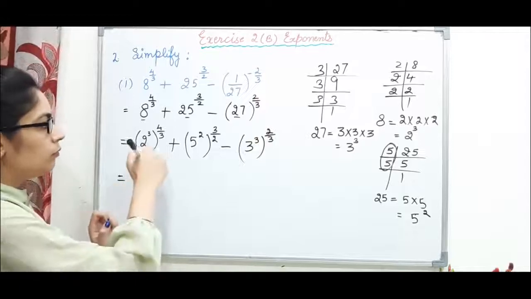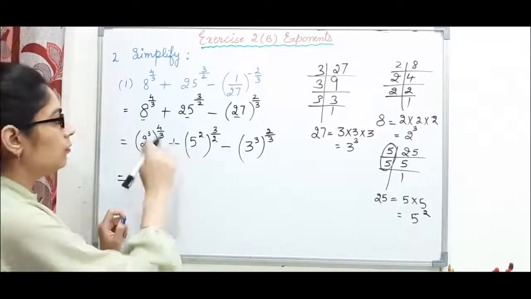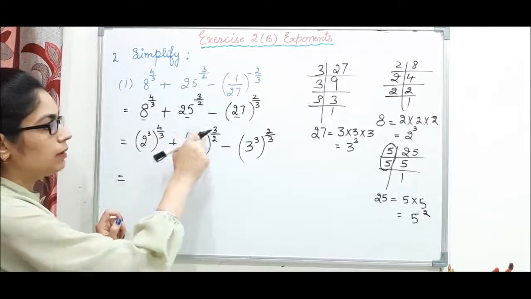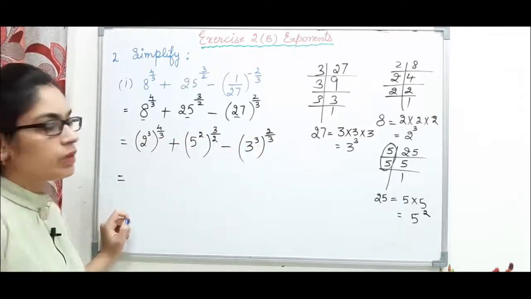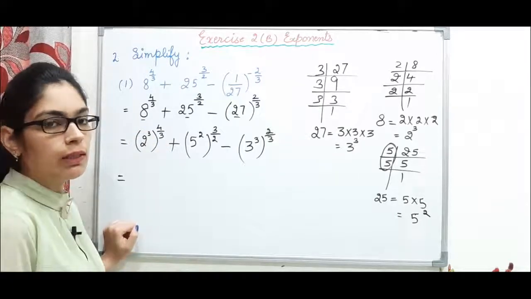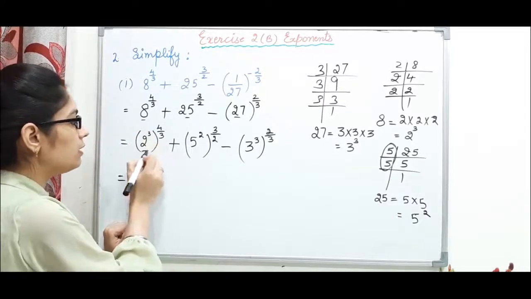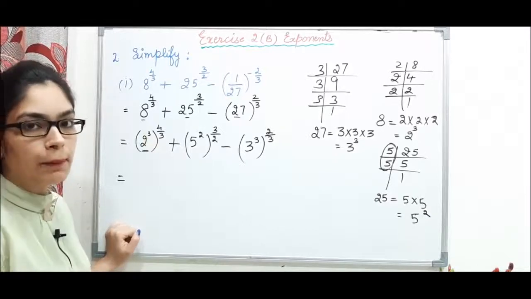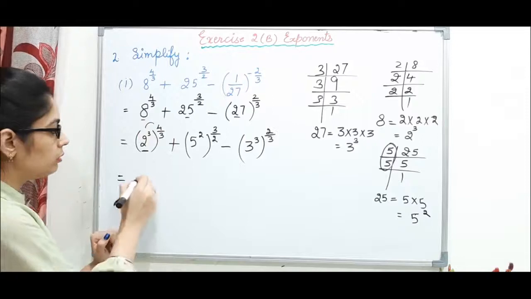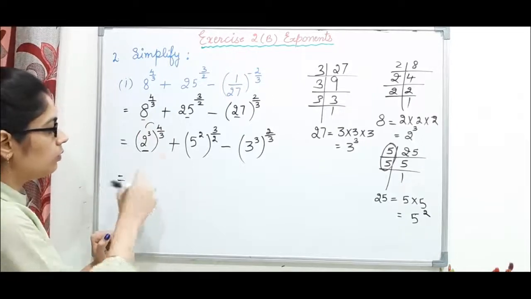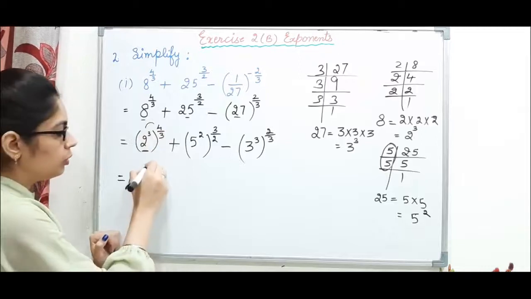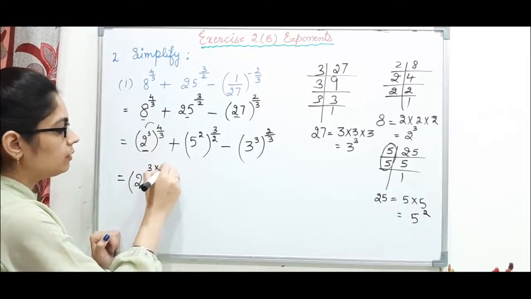Now with all the numbers we have two powers. So what we can do, as we have already learnt in the rule, when two powers are there on a single number, we can apply the power rule. Powers will be multiplied according to the power rule. So 2 I can write as 2, and this 3 will get multiplied by 4 by 3: 3 into 4 by 3.